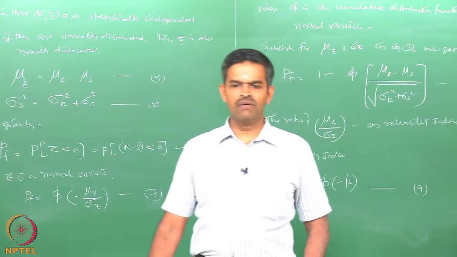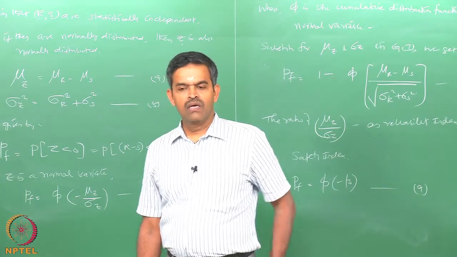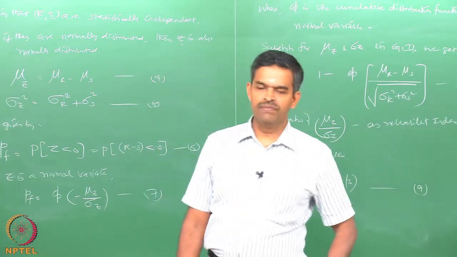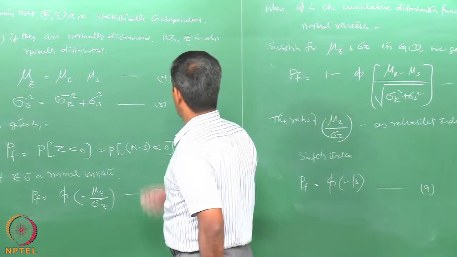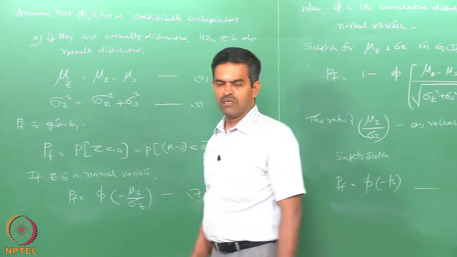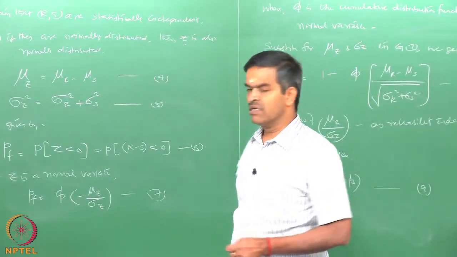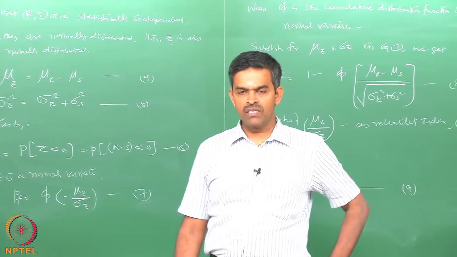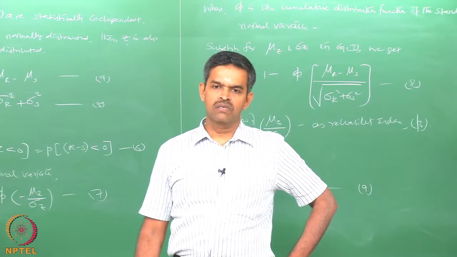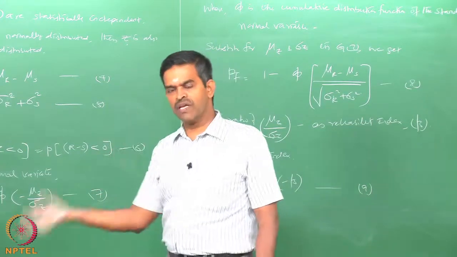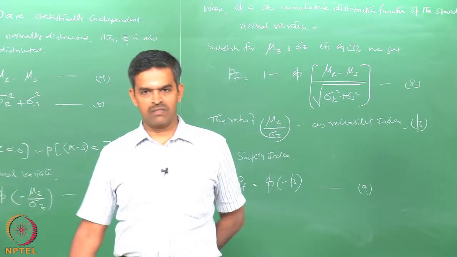We started with different methods of reliability, beginning with the first order second moment method. We took two cases: if the variables are normally distributed, and if the variables are log normally distributed, how can you estimate the performance function and find the probability of failure using these normal or log normal variates. We will continue with this in the next lecture. Thank you very much.